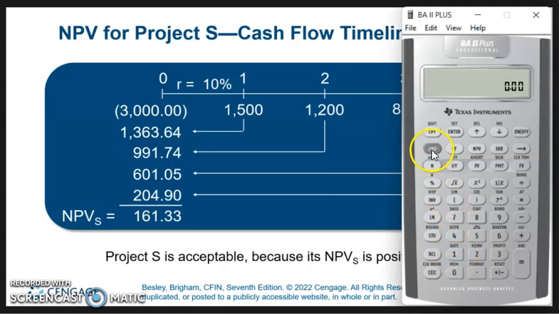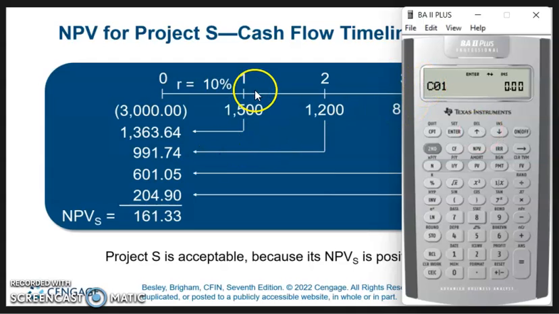I'm going to show you how to do it on your calculator. So the cash flow function is CF. To access it, you go second CF, and you always want to clear it out. So the CF0 is the $3,000, so it'd be 3,000. Hit the plus minus to make it a negative, hit enter, and then we go down.